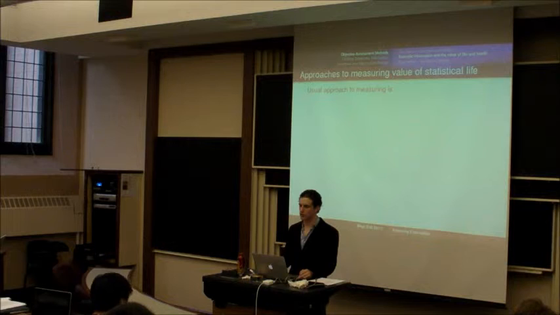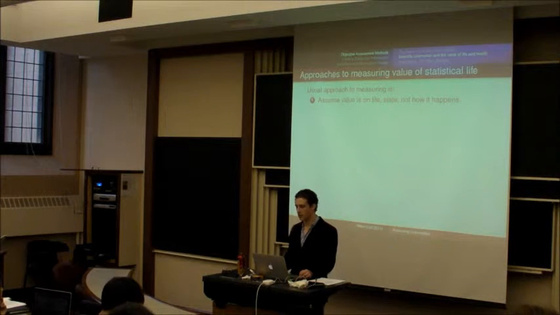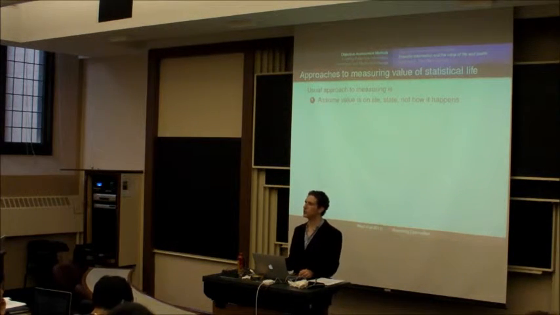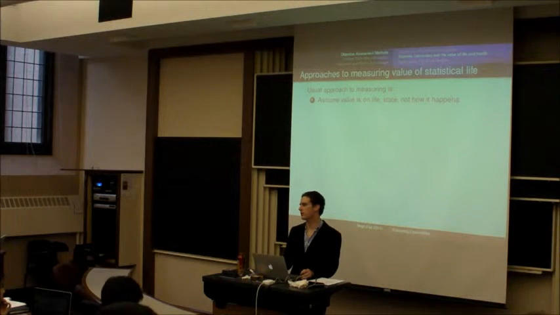Okay, so the usual approach to measuring the statistical value of a human life is that you assume that the value people place on bad things happening to them, like getting hurt or dying, is determined not by the manner in which the bad thing happens, but just by the fact that it happens, right?